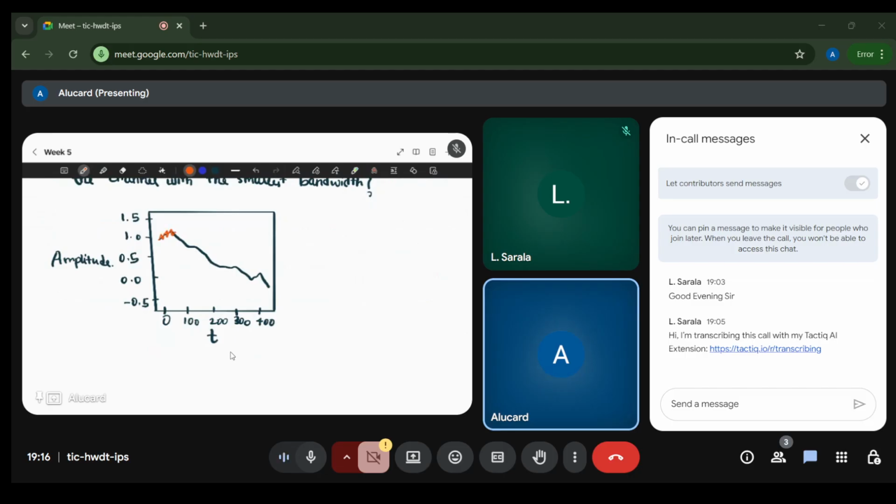Another impulse response follows the same kind of trend, but it's varying faster.